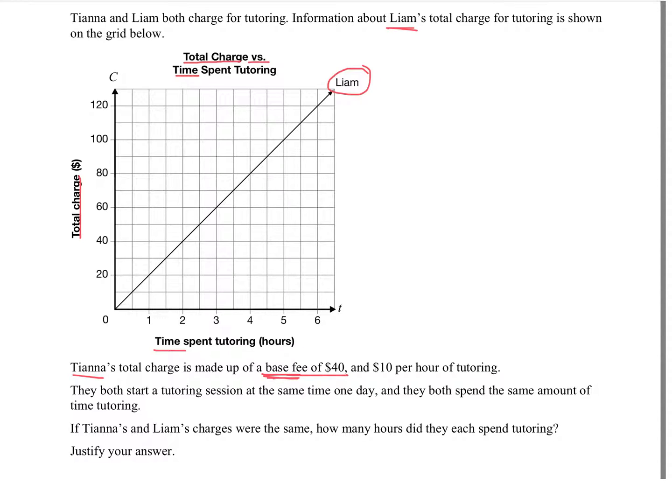This is very important. The base fee is $40 and she charges $10 per hour. Let's stop right there and let's gather that information. What does that tell you? What can you create based on this information?